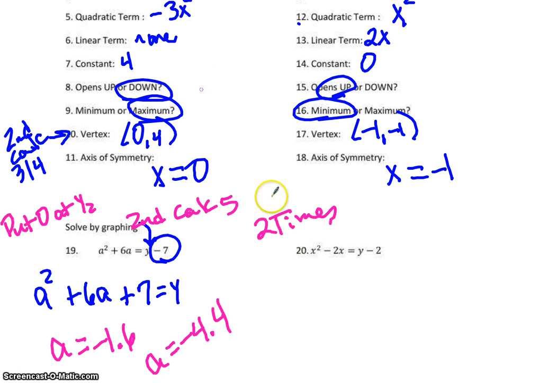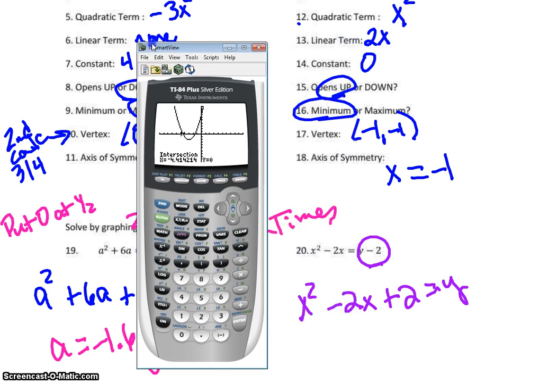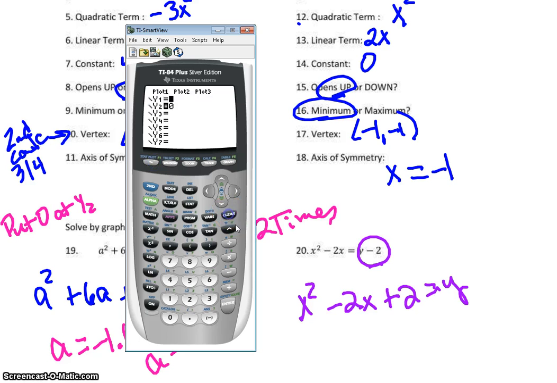Looking at number 20, we're going to have to move this minus 2. And it becomes x squared minus 2x plus 2 is equal to y. Because when you cross the equal sign, you do the opposite. So we're going to go to our calculator, and we're going to go to y equal and clear it out. And we're going to say negative 2x squared plus, my bad, let's clear this out.